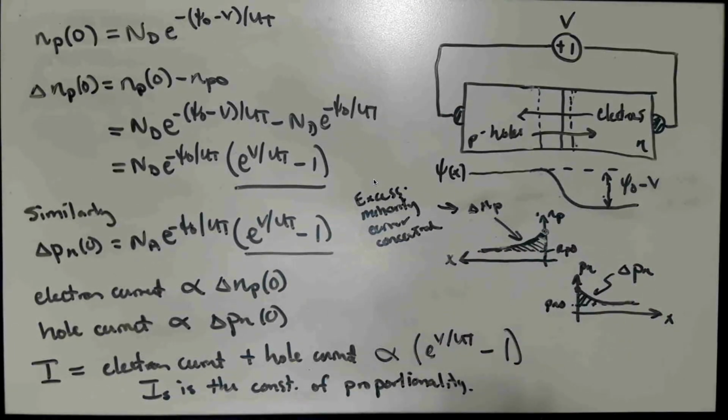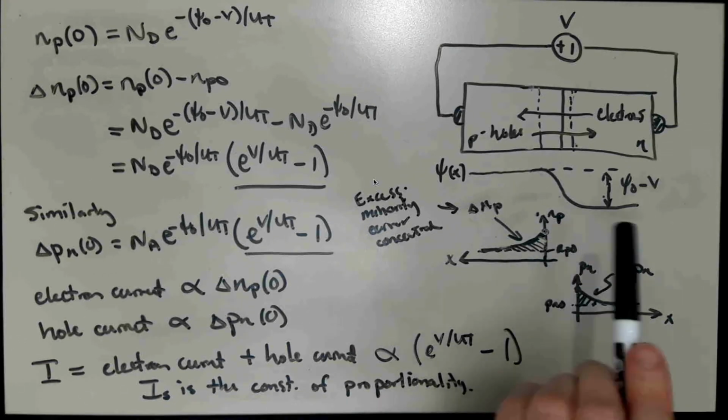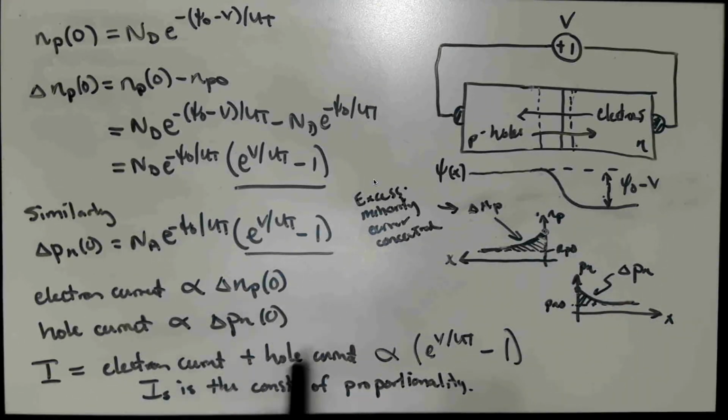And so that's what's preserved if you do a more realistic model: this exponential factor here. The exponential dependence on the voltage is something that actually is preserved over a wide range of different assumptions about the physical structure. But what's inside the prefactor is something that does change some.